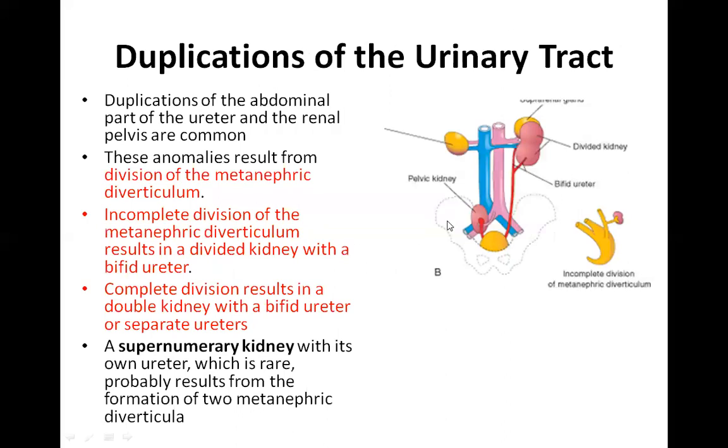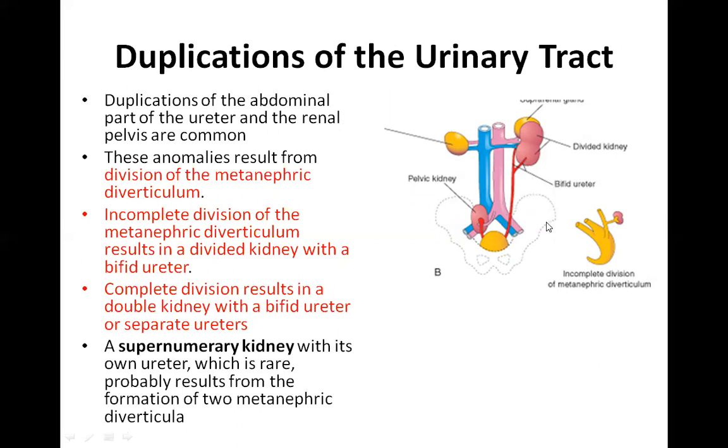Then there is duplication of the urinary tract. Duplications of the abdominal part of the ureter and the renal pelvis are common. These anomalies result from the division of the metanephric diverticulum, that is the ureteric bud. If it divides, it leads to the formation of a bifid ureter.